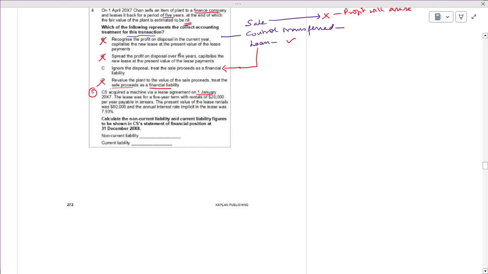What are they asking at the end of 2008, the second year: what is the non-current liability and what is the current liability? Very interesting. Not only interesting, it makes sense for our understanding also.